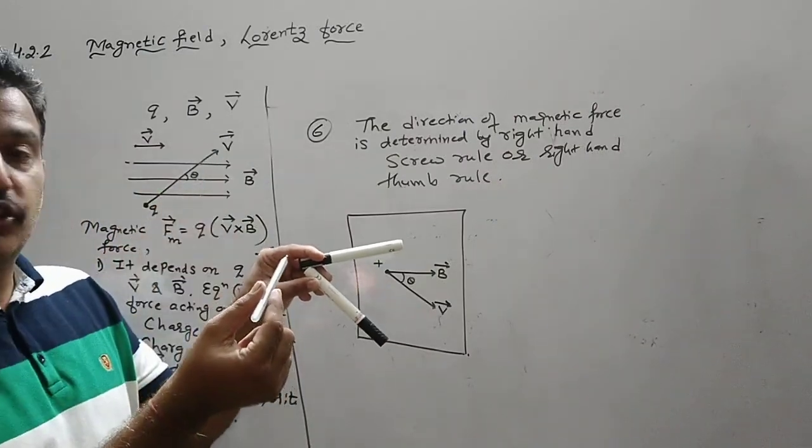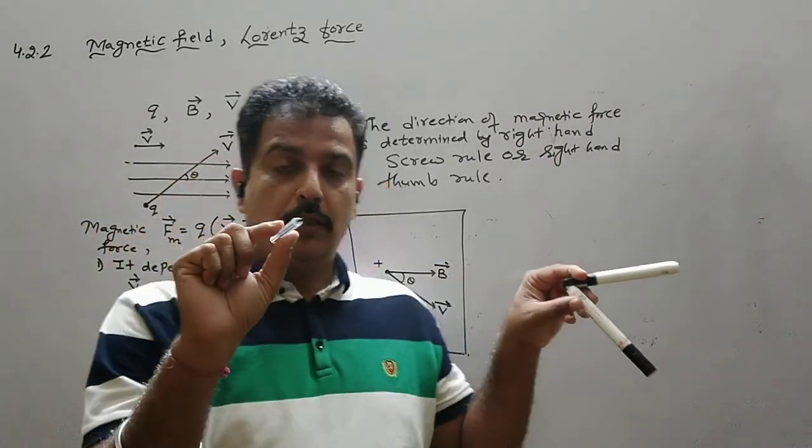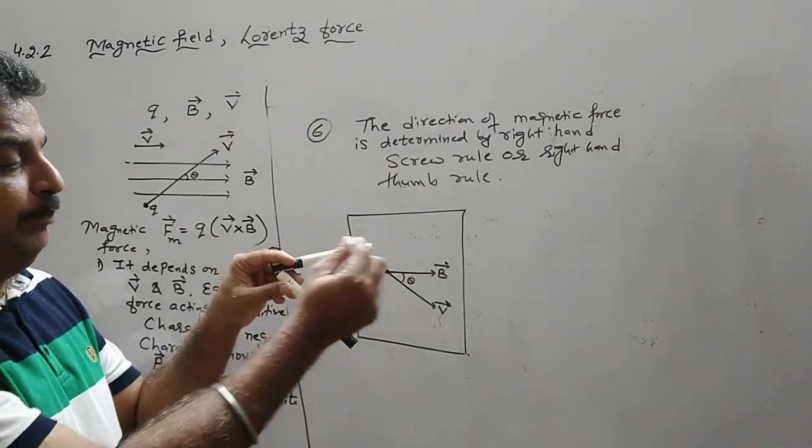We are applying the right hand screw rule. So we keep the pointed end of a screw perpendicular to the plane containing V vector and B vector.